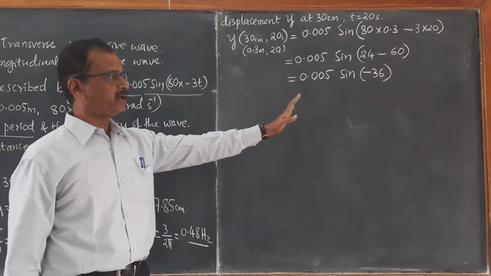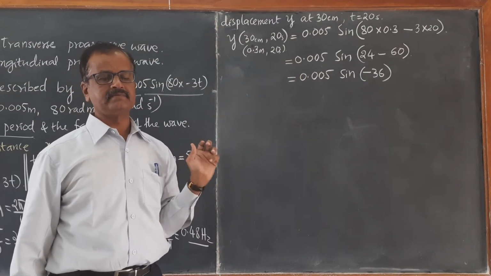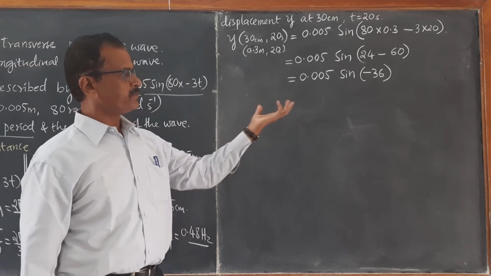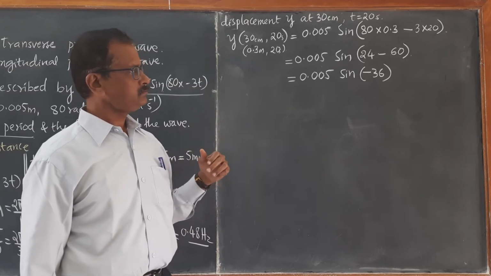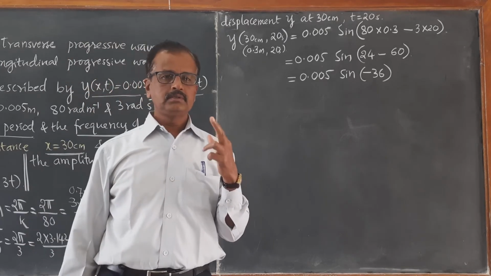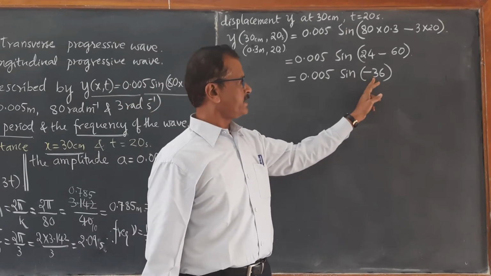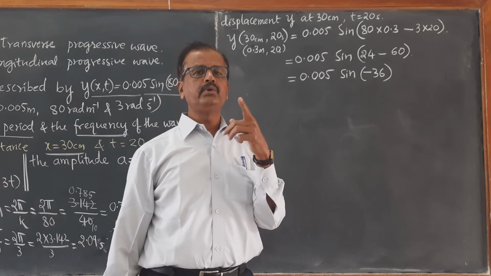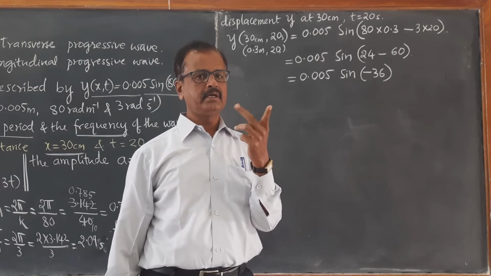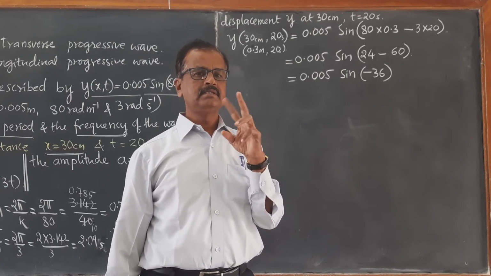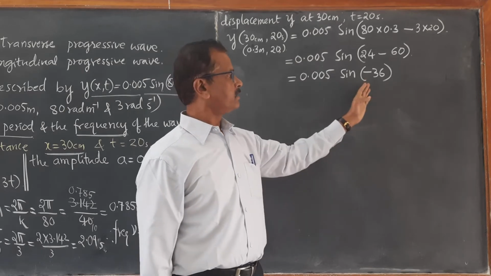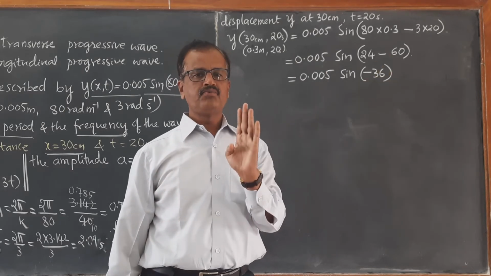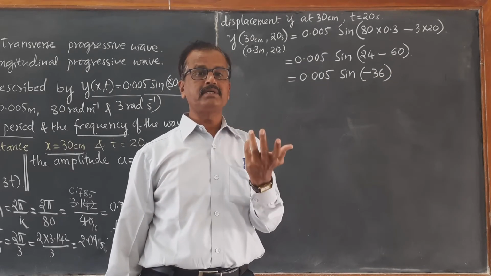So how to find the value of sine of minus 36? This is a periodic function, as you know. So if we add 2 pi to minus 36, 2 pi is 2 into 3.14, it will be just 6 point something. Otherwise, if you add 4 pi, 4 into 3.14, it will be 12 point something.